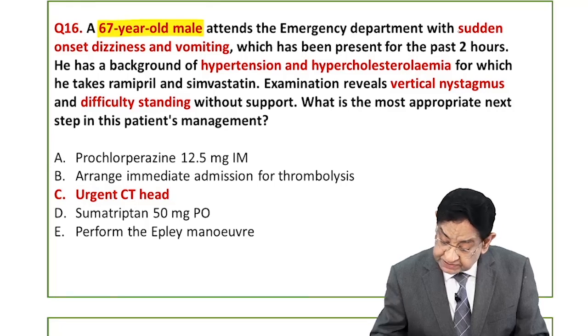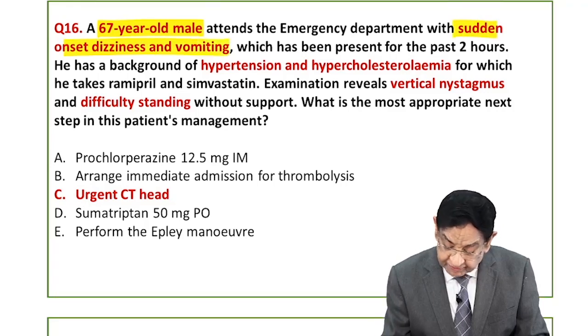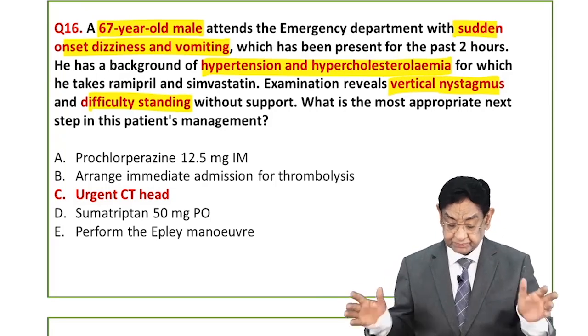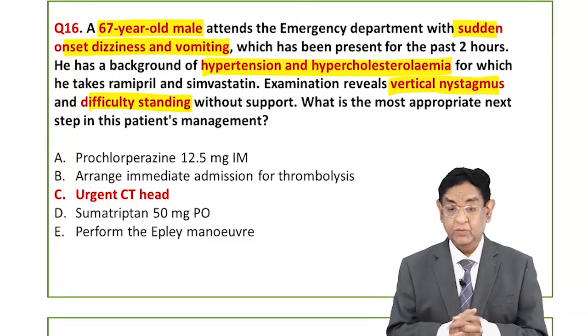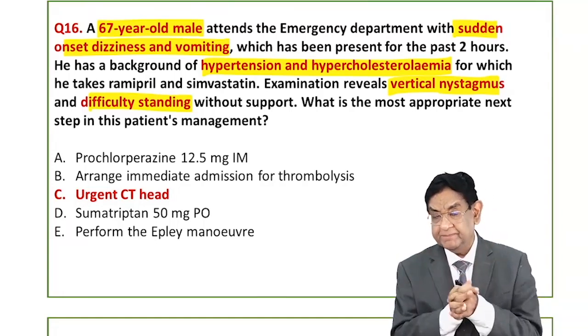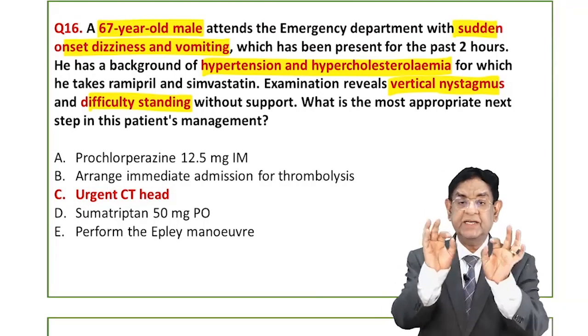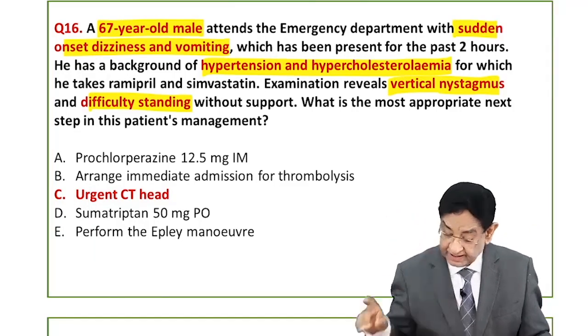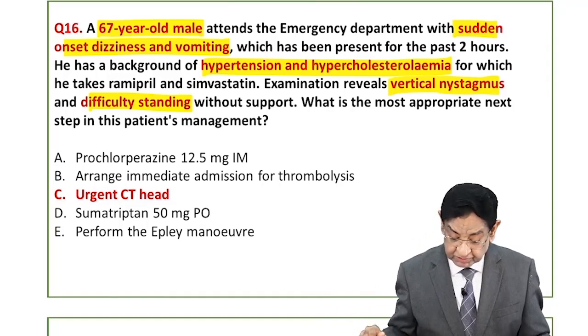Question number 16. 60-year-old man, sudden dizziness and vomiting. Difficulty in standing. Vertical nystagmus, hypertension and hypercholesterolemia. An elderly man coming to you with sudden onset of dizziness and vertigo, and he's not able to stand also.